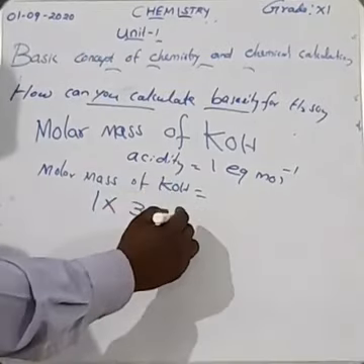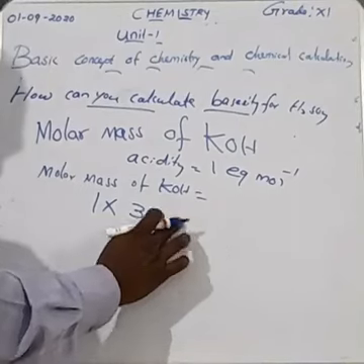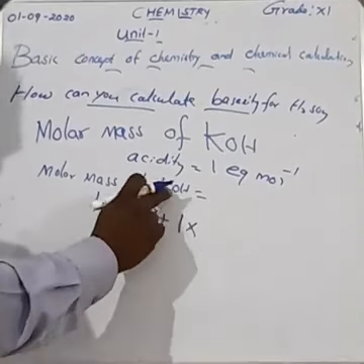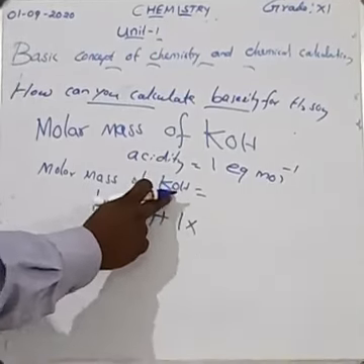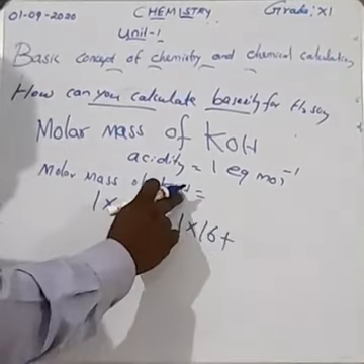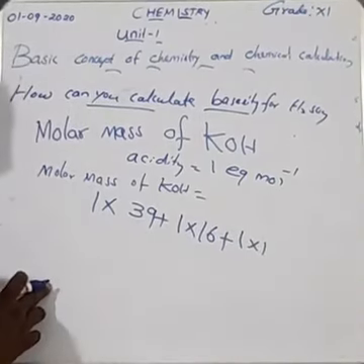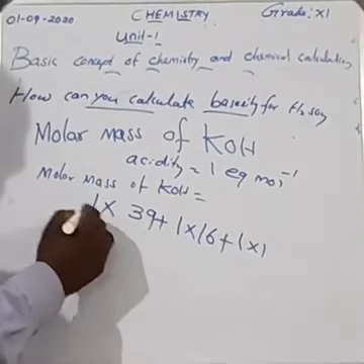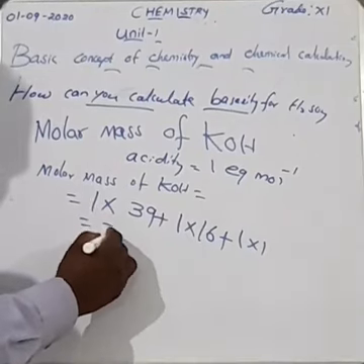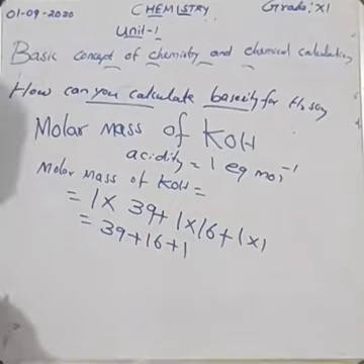How much do we have? 1. 1 into oxygen, atomic number 8, mass number 16, plus hydrogen, 1 into 1. So 39 plus 16 plus 1.